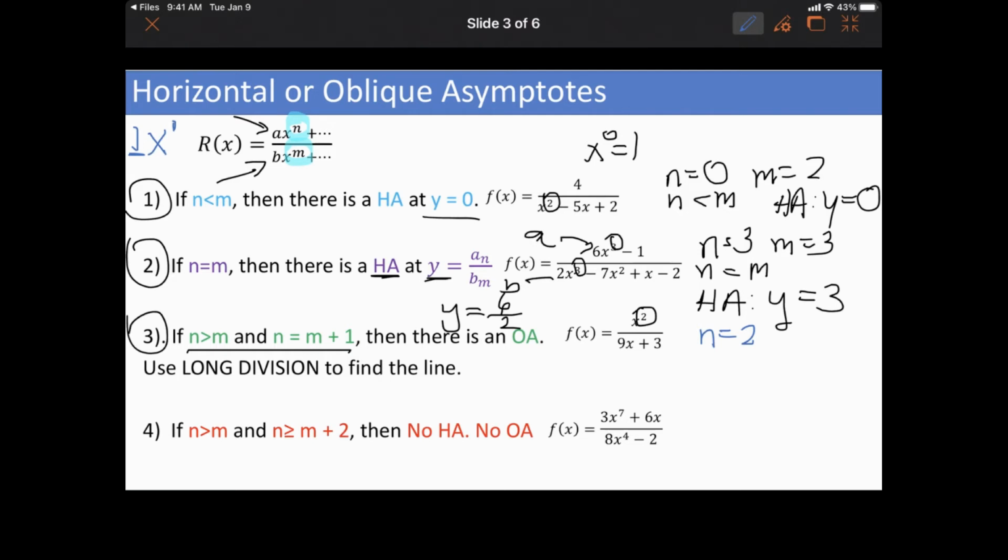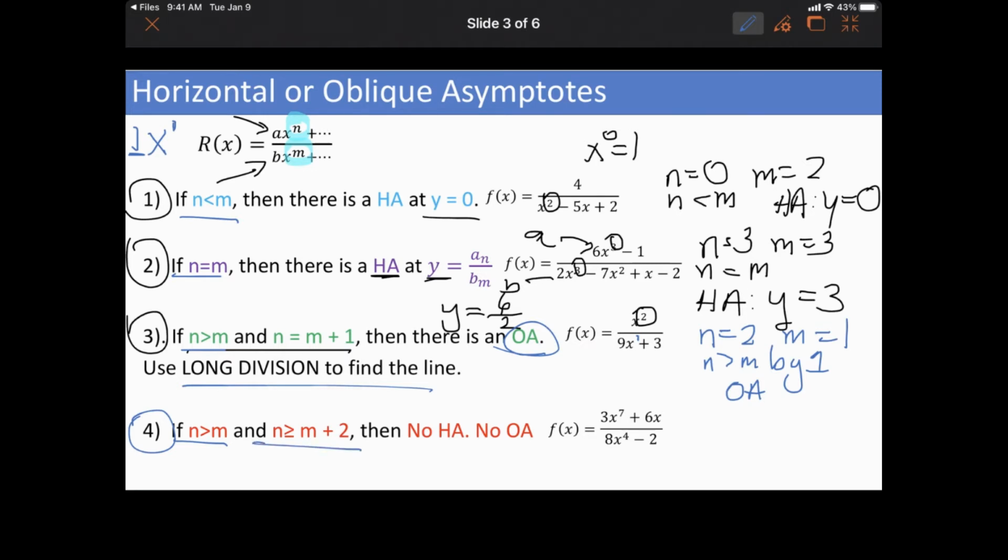So it's x to the first power. So that is actually 1. So n is greater than m by 1. They're consecutive, and then this is case 3. Now I'm not going to do the oblique asymptote right now. It's long division. Just note that that is long division. I'm just reviewing this. Really, it's about understanding this.